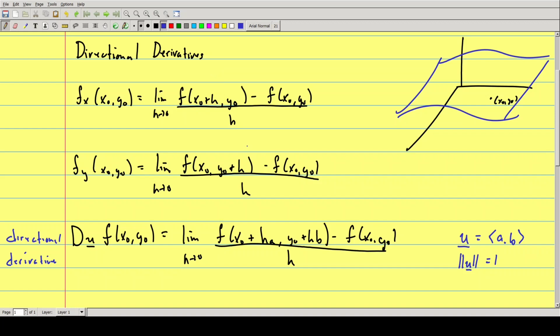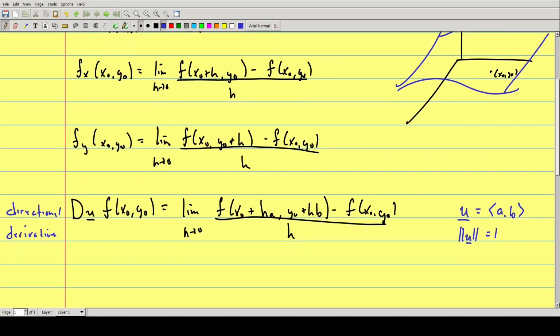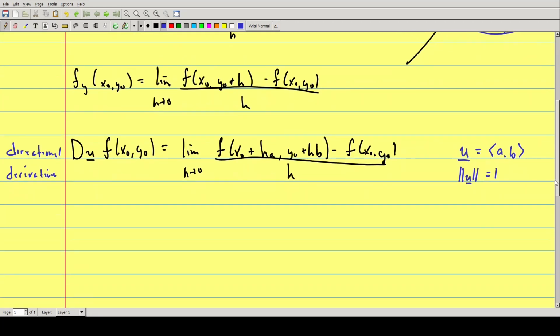Now, one of the very neat things about putting all this together is we have an extremely useful theorem for the computation of directional derivatives, which will save us a bunch of time.